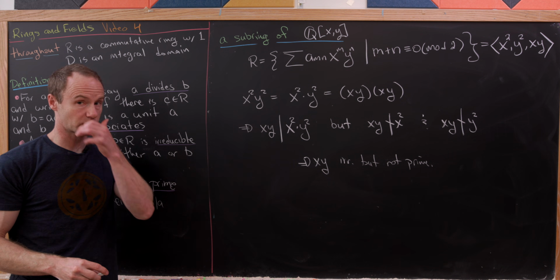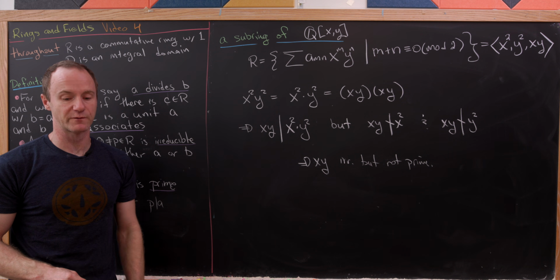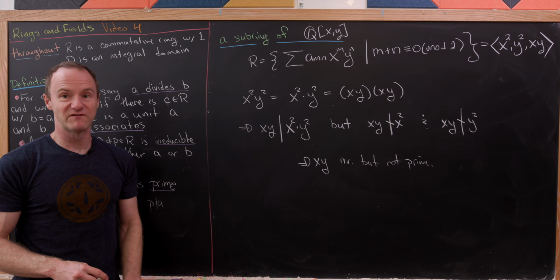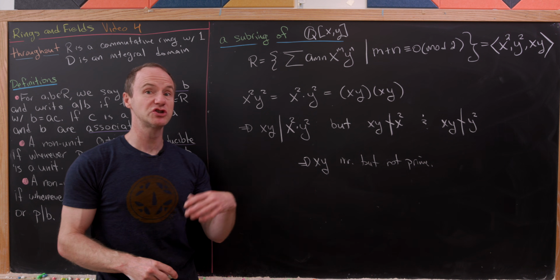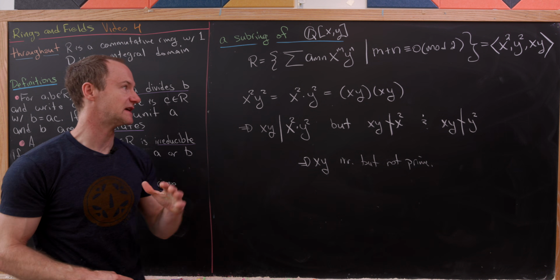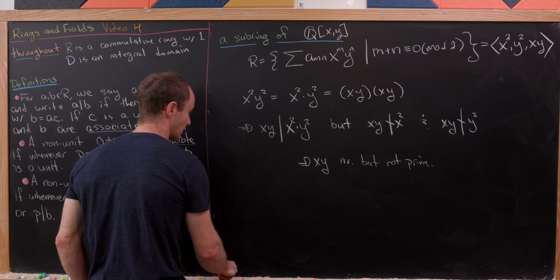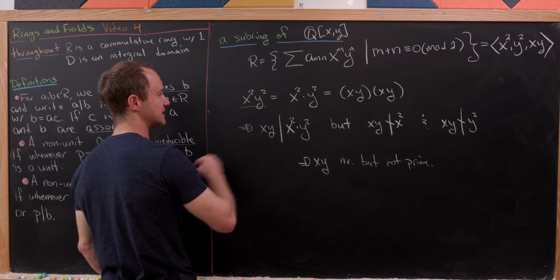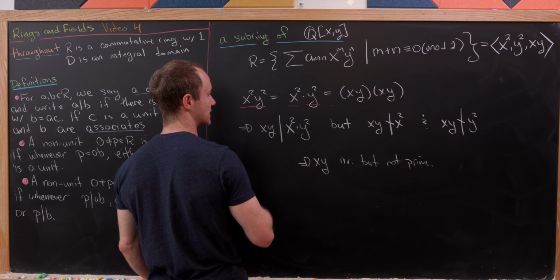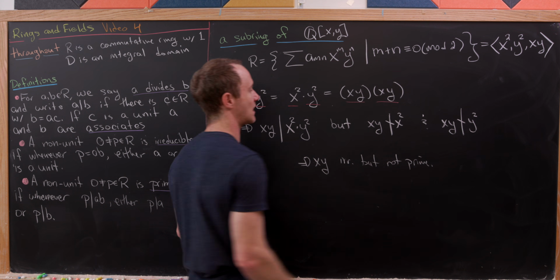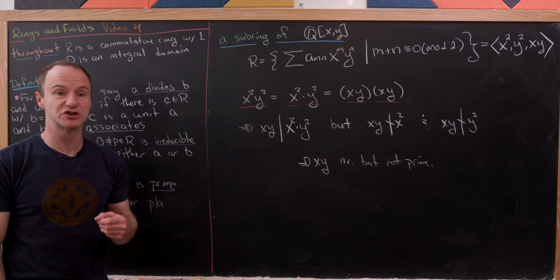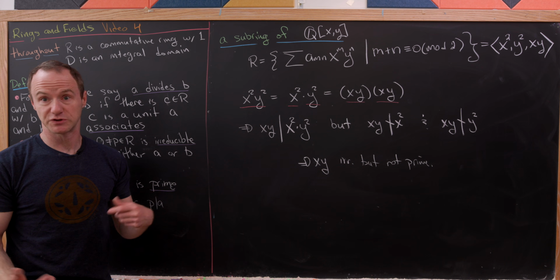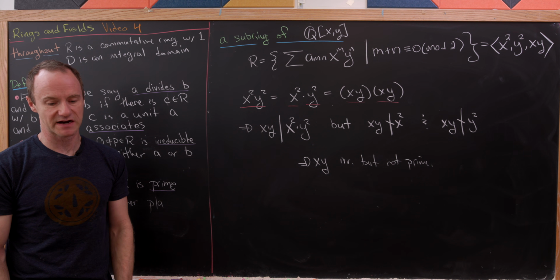Okay, so I'd like to recall that in some of the examples we've worked with, we saw factorization that is into irreducibles but not unique. We saw it right here. We factored this product x squared y squared into x squared times y squared and xy times xy. That was a product into irreducibles in 2 different ways, non-unique factorization.